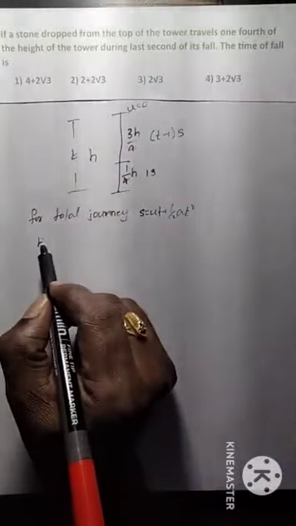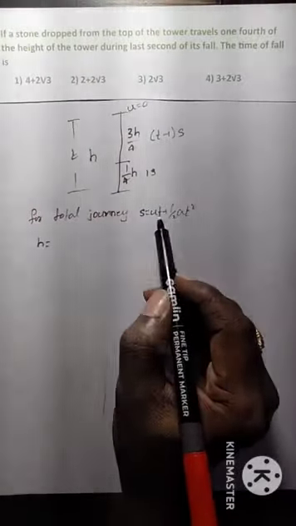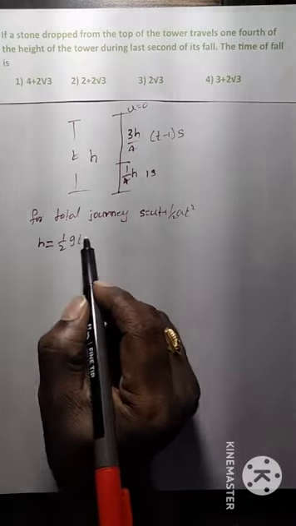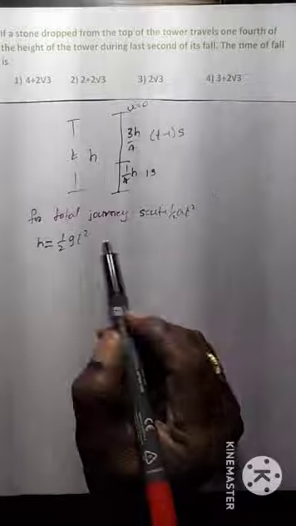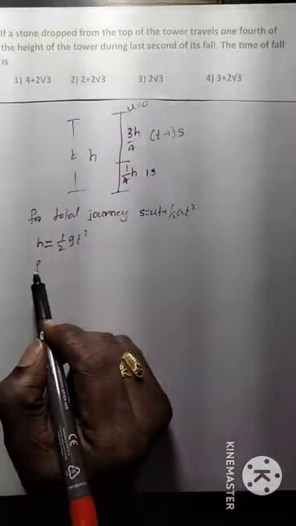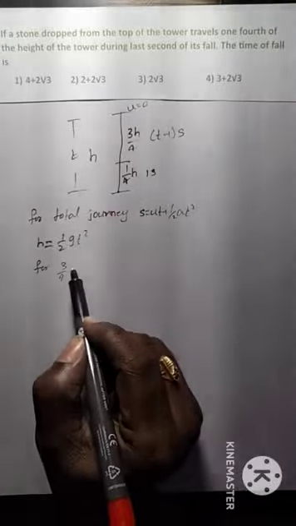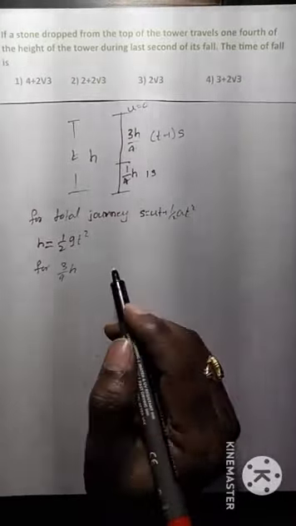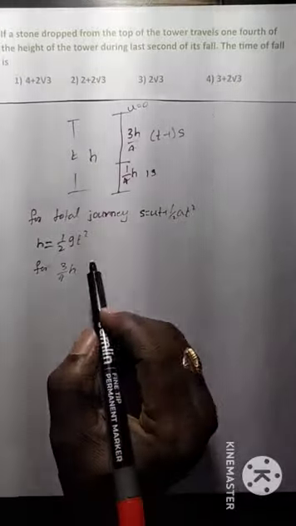So total height h is equal to 0 into t, so that's why we are not representing it again, plus half g t square. This is for the total height, and I am going to take 3/4 of the height. For the 3/4 of the total height journey, we are going to take the same equation.